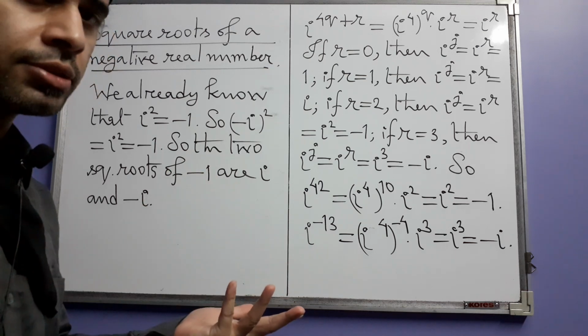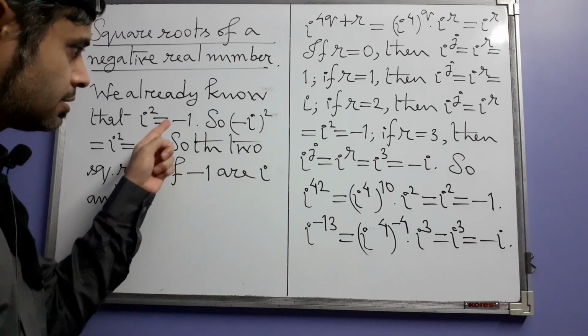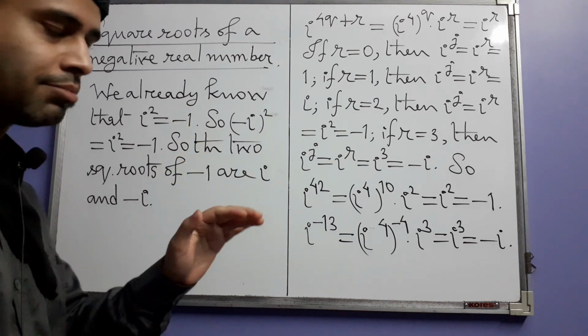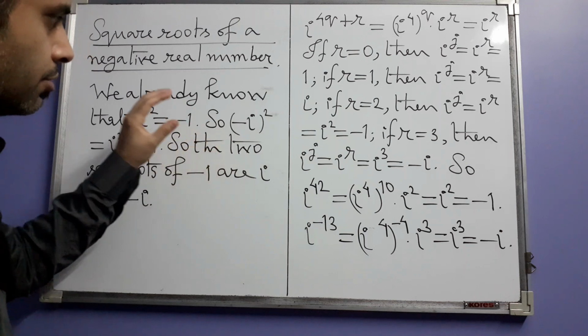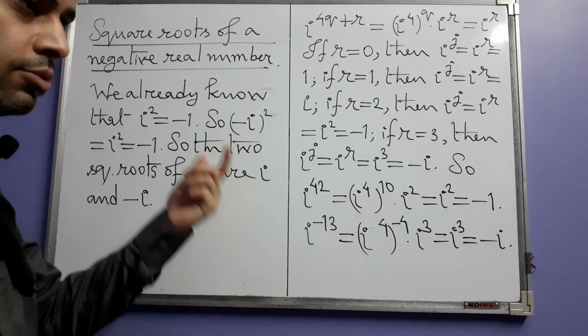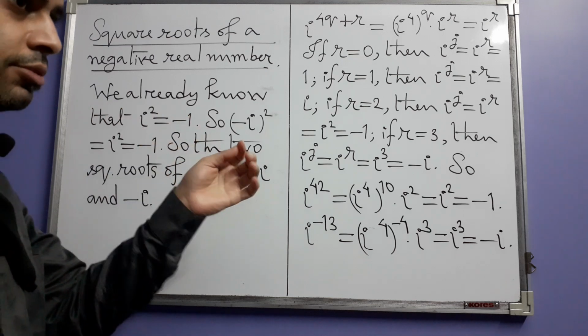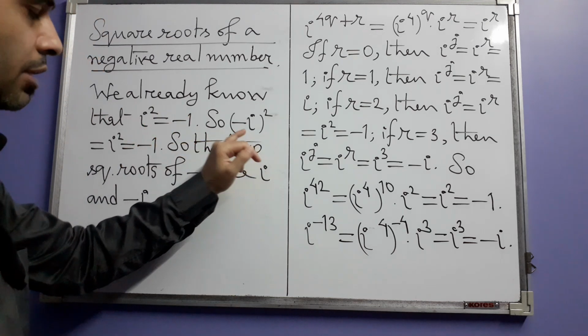What is the meaning of square root? It is a number whose square is that number. In this case that number is minus 1, so you are seeking a number whose square is minus 1. That number will be a square root of minus 1. One such square root is i, another one is minus i.